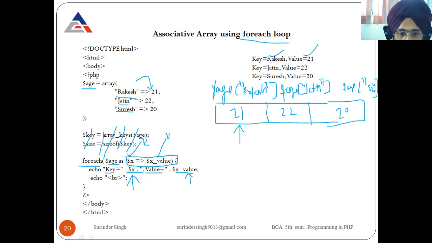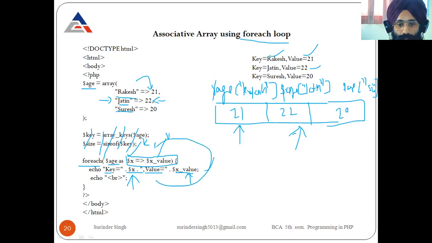After executing, control will automatically move to the next element. Clear? Now x contains the key of the second element, Jatin, and value 22, then it will print Jatin and 22. Clear? After executing, it automatically moves to the next element. Now x has the key Suresh, and the value is 20.